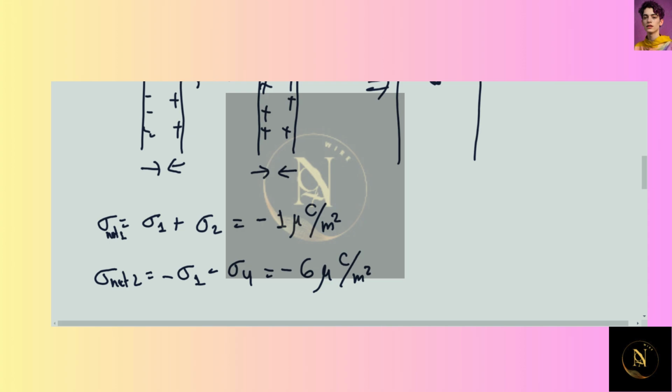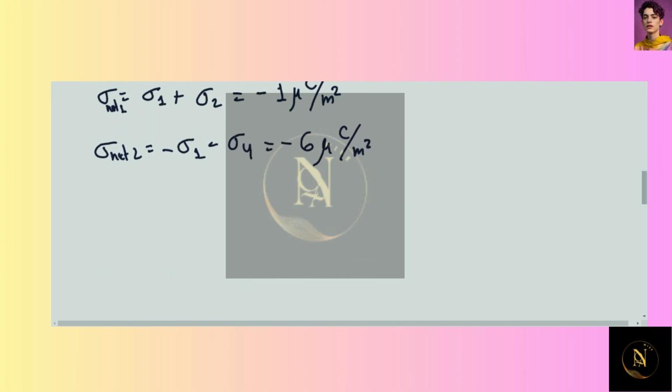Now, having all of this, we just simply need to sum all of this into the equation for the electric field. So we will have net 1 minus net 2 over 2 epsilon 0.